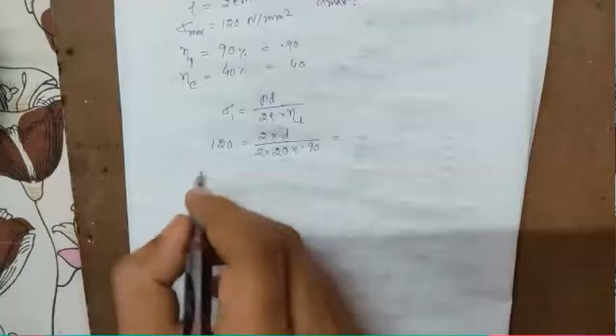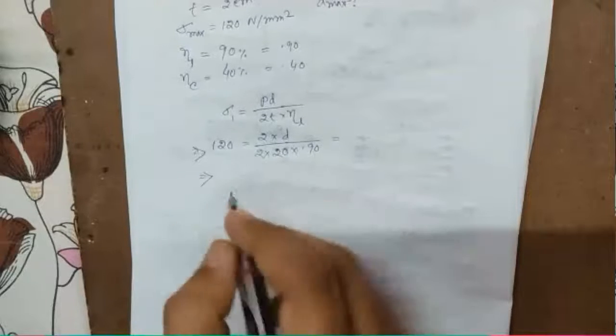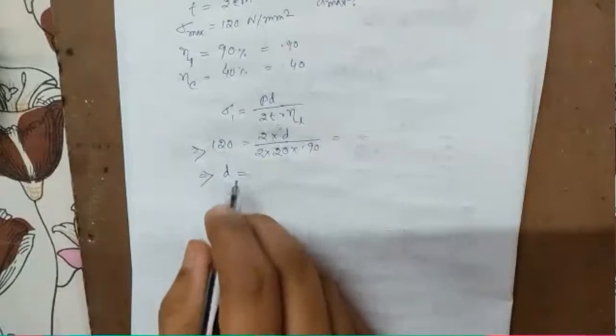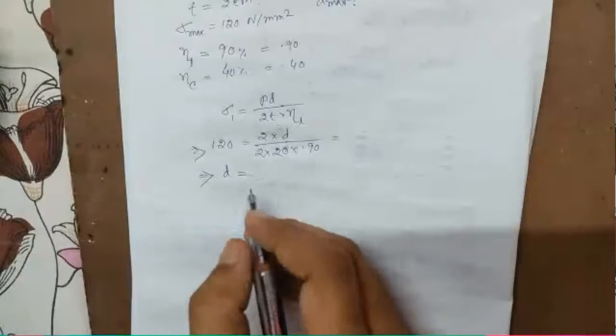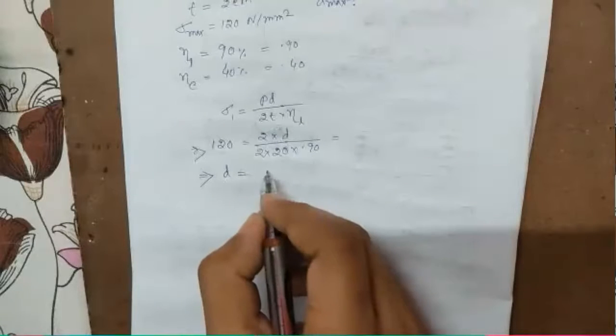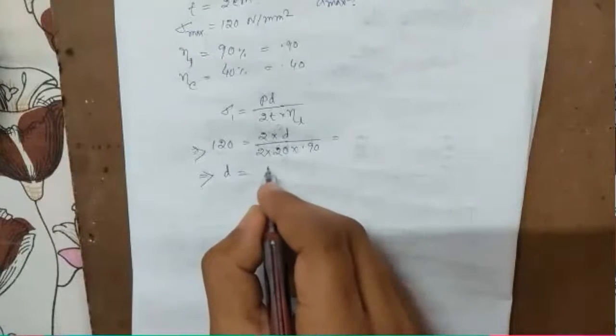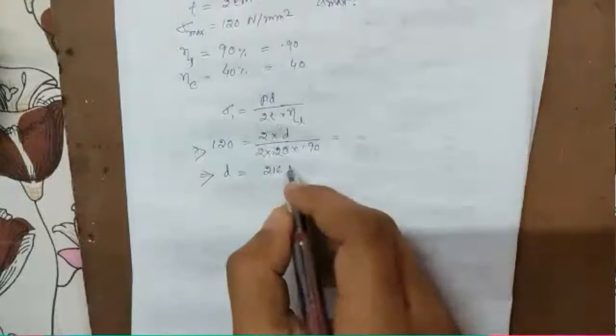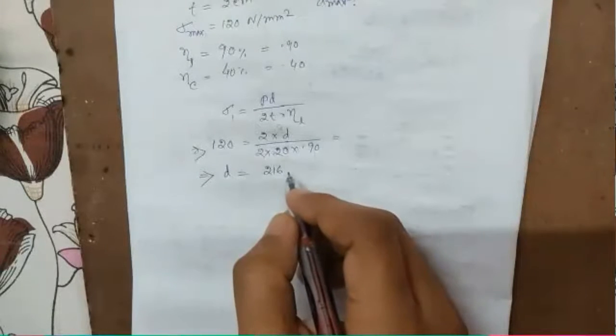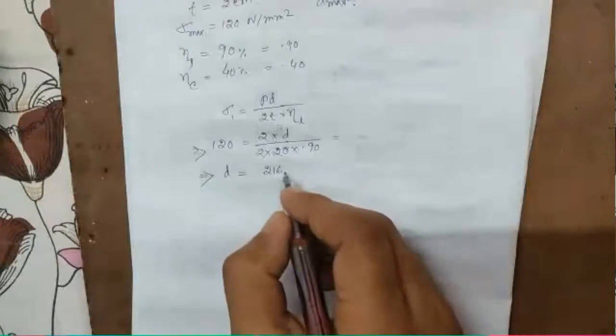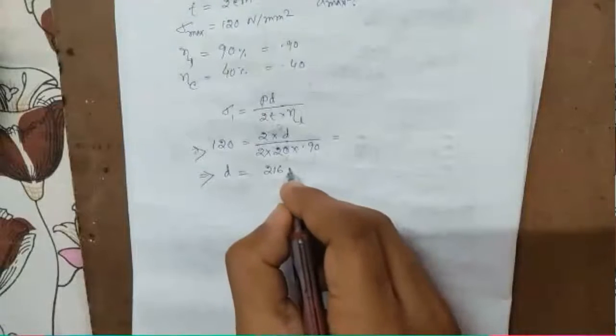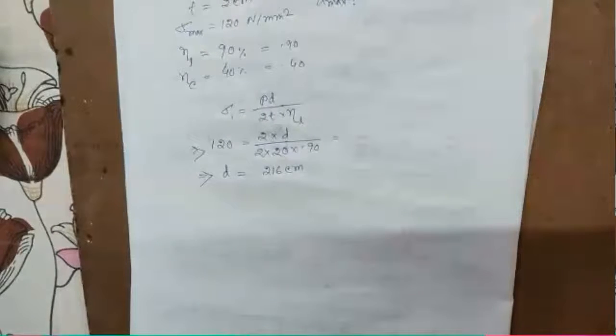So from here, putting the values, you can find out D is equal to 2160 millimeter, but we will convert it into centimeter.